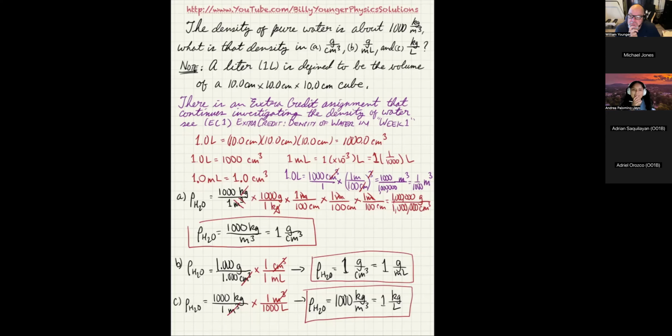Okay, so this one is 1,000 kilograms over 1 meter cubed, and then we multiplied it by 1 meter cubed over 1,000 liters. That was because we did the math over here and found that one liter is 1/1000th of a cubic meter. Another way of saying that is 1,000 liters is a cubic meter.